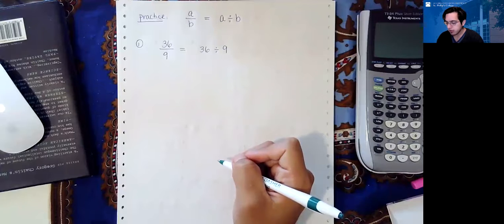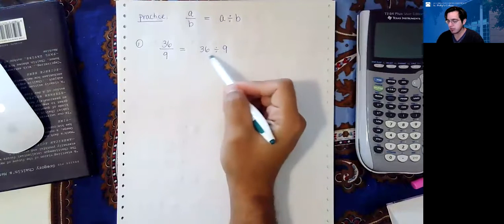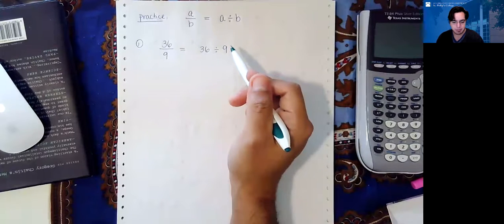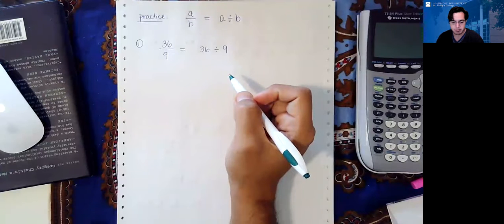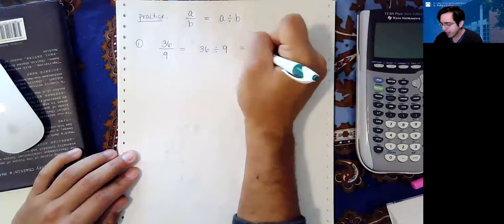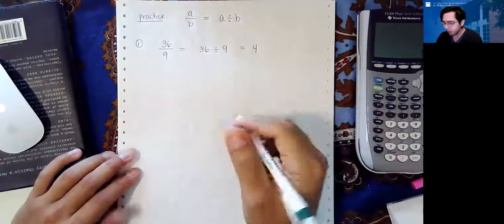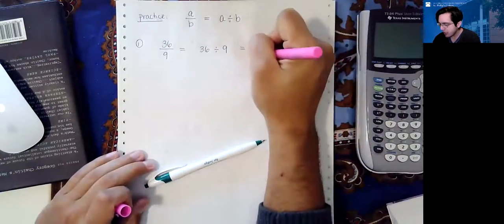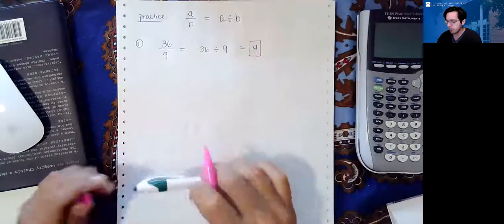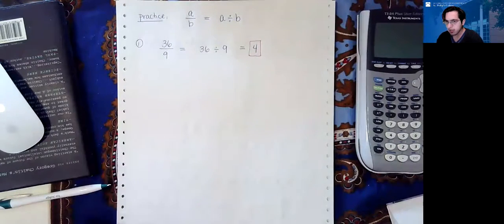Okay, so let's go ahead and divide 36 divided by 9. What should that be? 4. 4, right? And you might know 4 right off the bat if you memorize your times tables, because if this is the correct answer, it implies something about multiplication.